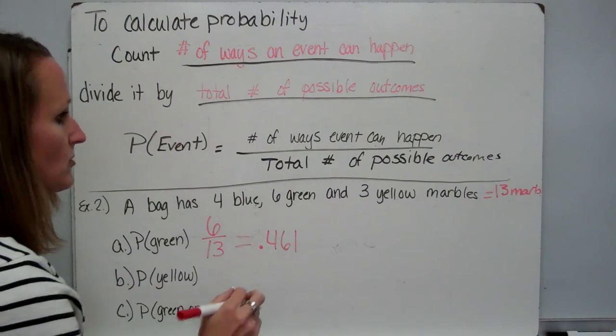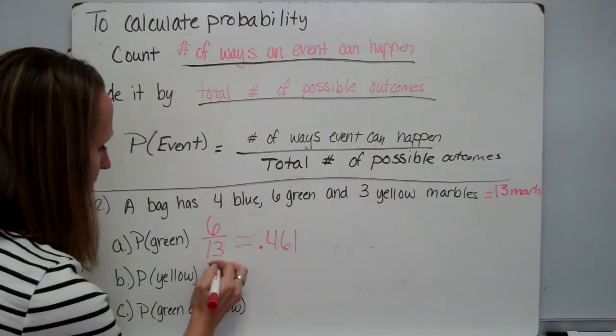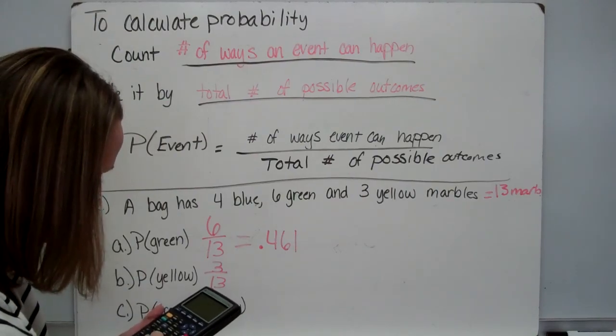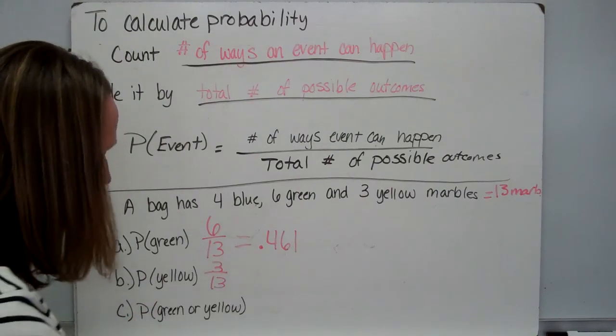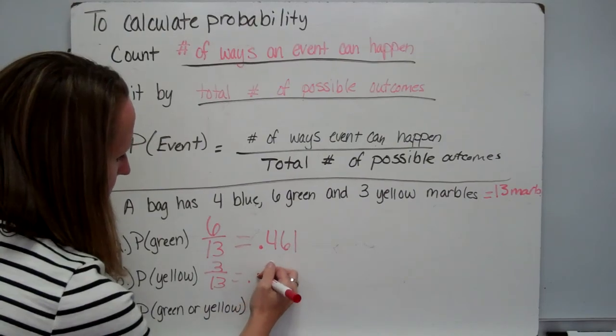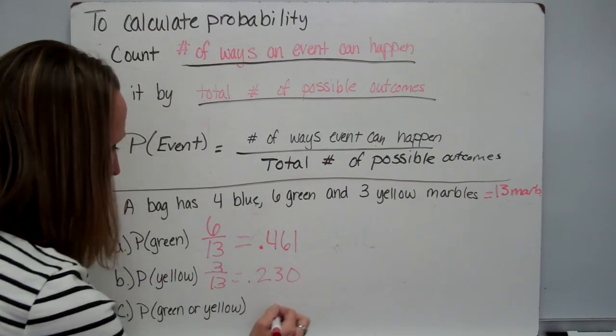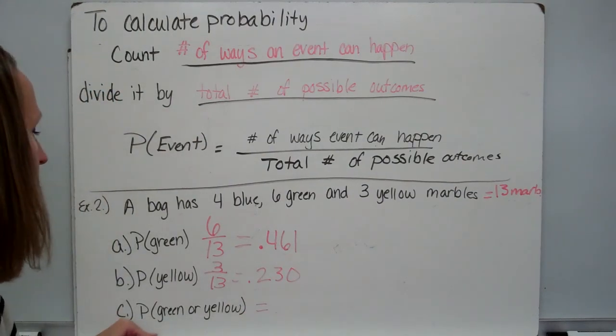What about a yellow marble? 3 out of 13 would be your ratio, and when you divide it, it should end up being about half of that. What if we want green or yellow?